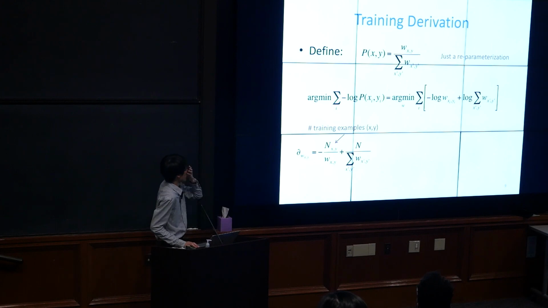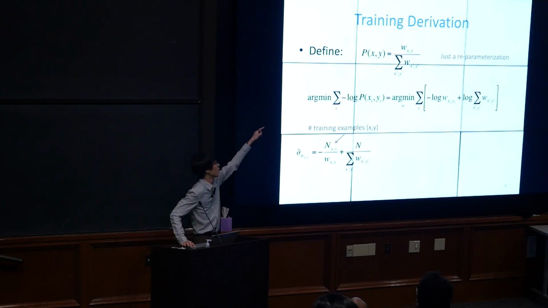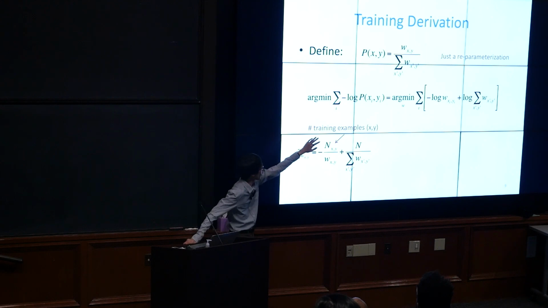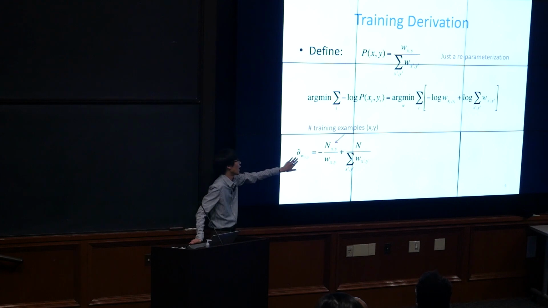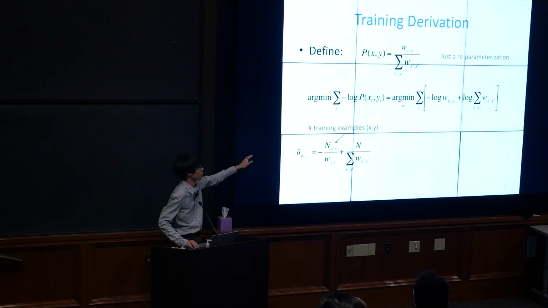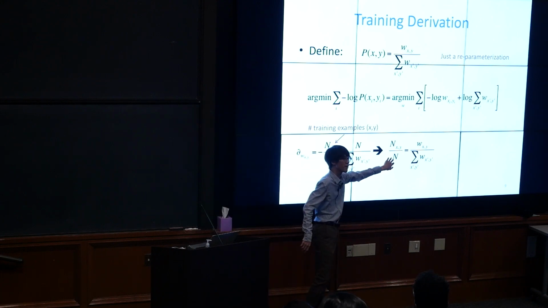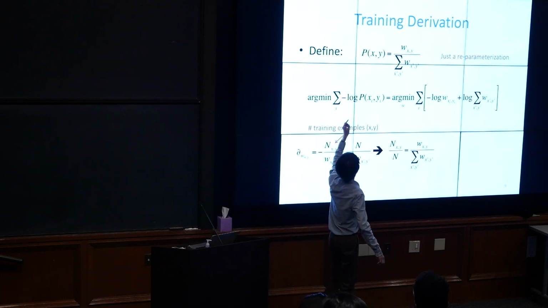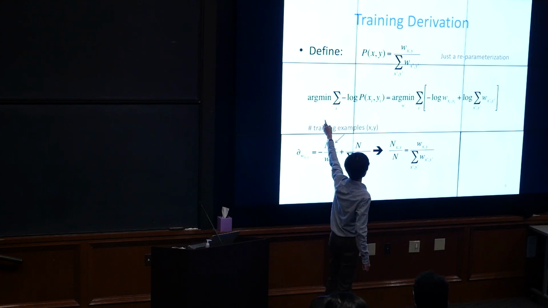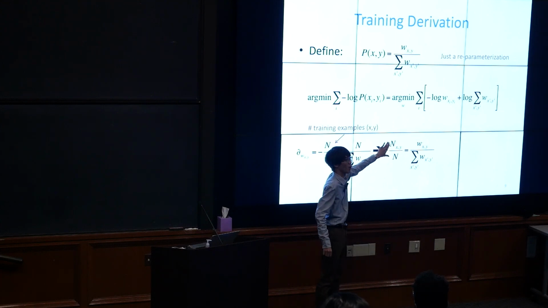Then we calculate the gradient of that term with respect to some data point, for some optimal solution. The gradient at the optimal solution is 0, so we set this to 0. And so we end up with this equality, where the W that minimizes the log likelihood is in fact the ratio of the number of observations of that specific pair compared to the number of data points in your data set.